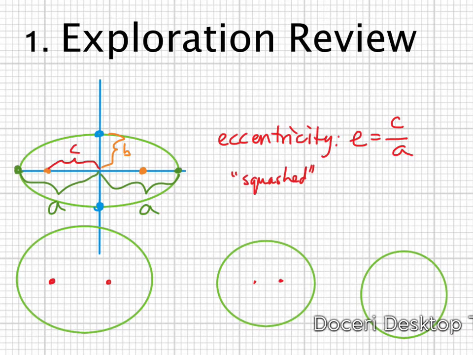These are just approximations of where the foci would be, but once it becomes a circle, the two foci actually lie right on top of each other. So a circle is a special case of an ellipse.